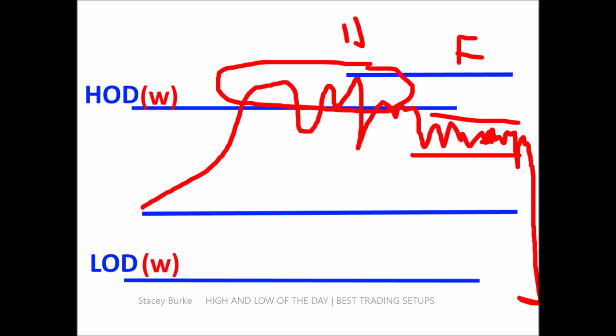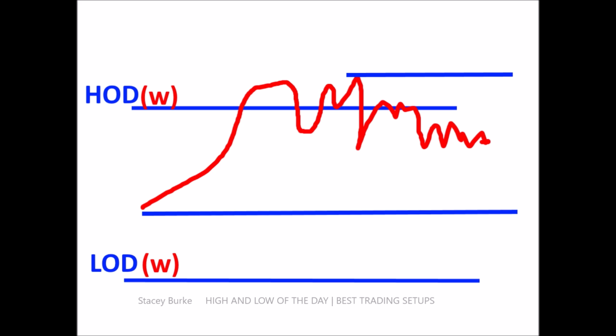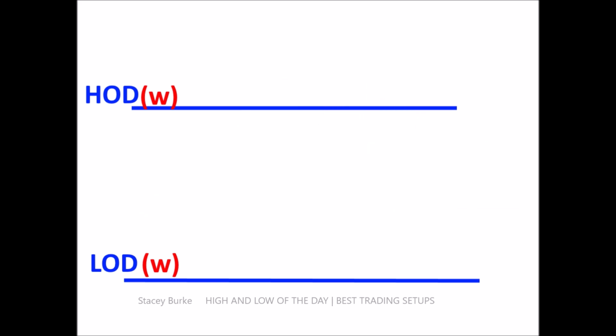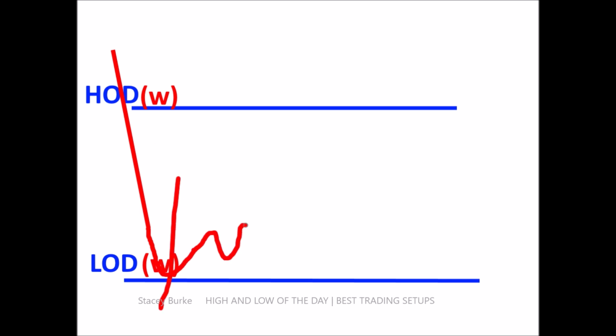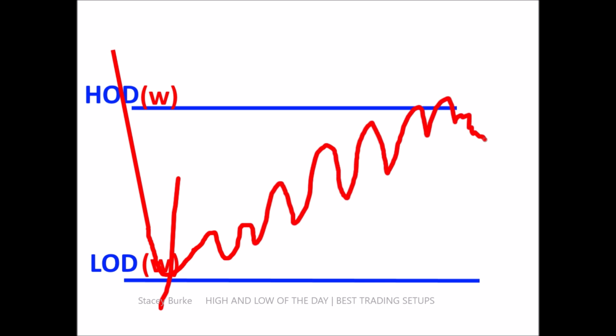Now, I did talk about day 2, and I'm going to keep reiterating these. So, for example, we have a market that comes down on day 1, and the next day, we have our day 2. The market proceeds to go up through Asia, London, New York, and goes back to the low of the week.